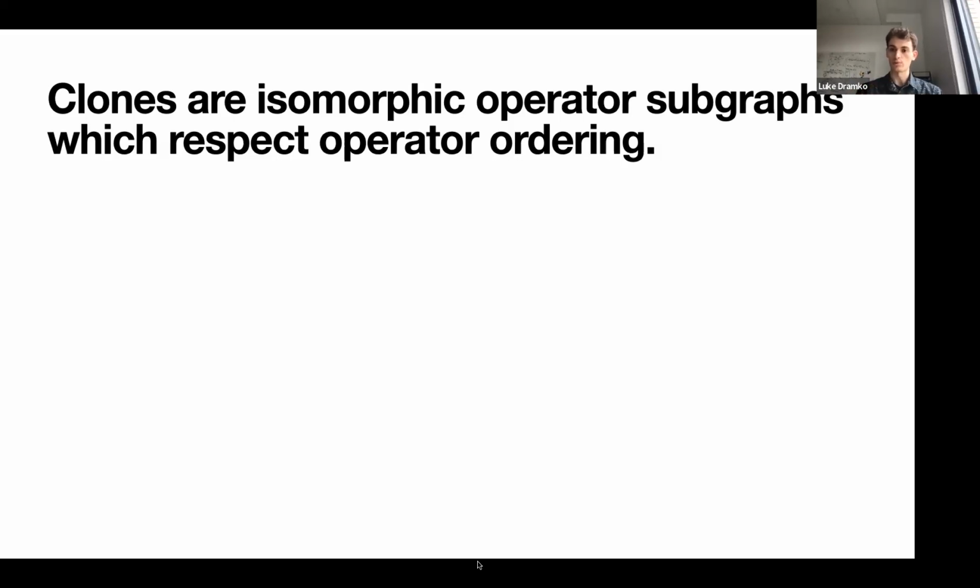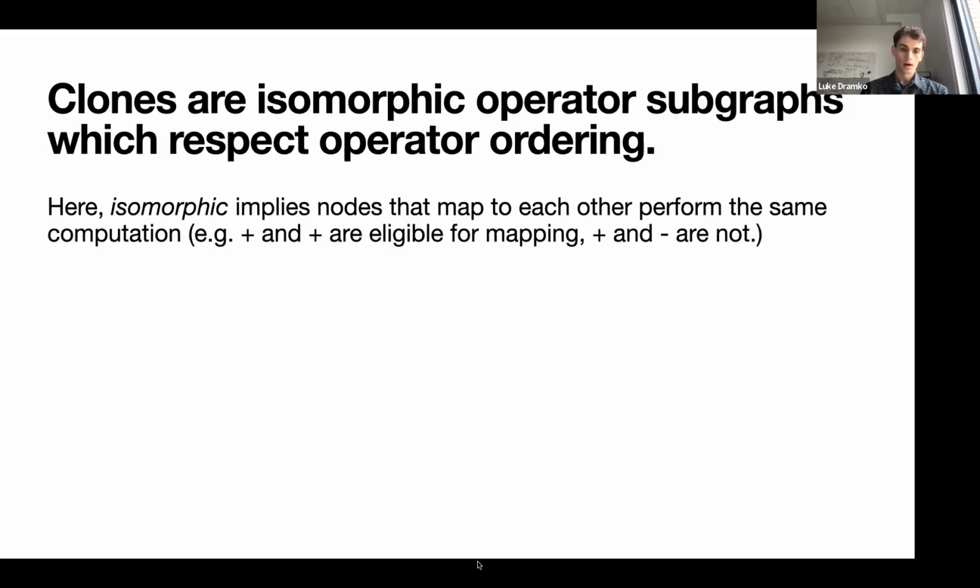You can't, in general, switch the arguments of an operator and expect them to be equivalent. We're going to define the term isomorphic here to include the fact that nodes that map to each other must perform the same computation. So just as we've seen before, plus and plus can be mapped to each other, and plus and minus cannot.